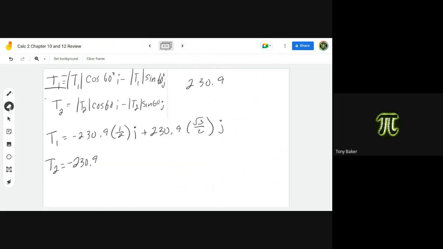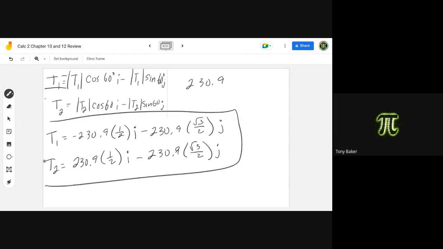Or actually, I was using the positive version of it, wasn't I? So that's minus, that's positive, 1/2 I minus 230.9 square root of 3 over 2 J. And you can leave it like that. You don't have to simplify that. If you want to get it to full decimal, you can at that point.